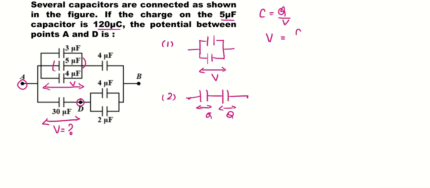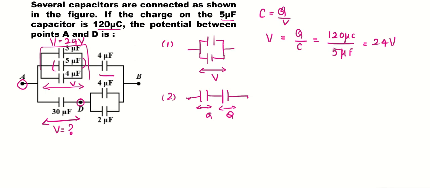So V equals Q by C. Q is 120 microcoulomb and C is 5 microfarad, which is equal to 24 volts. So the voltage across this combination is V equals 24 volts.